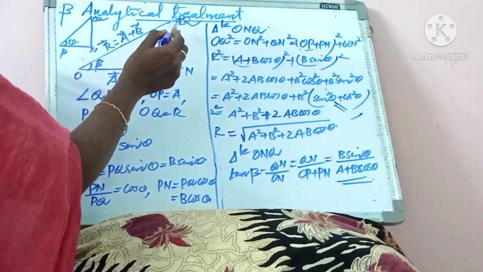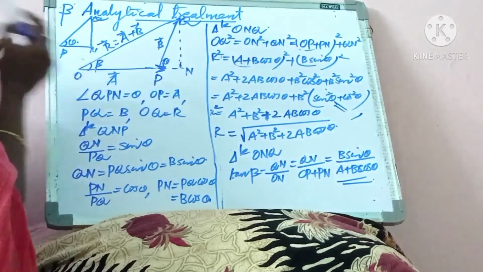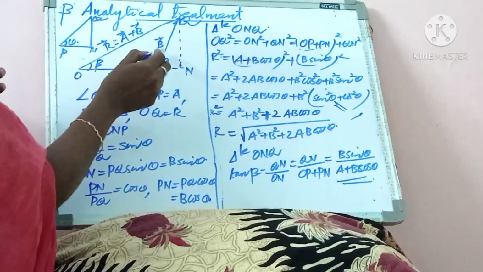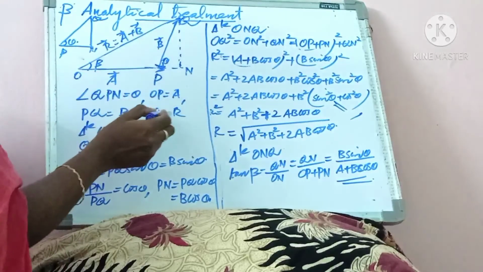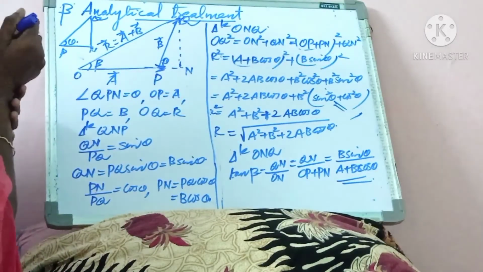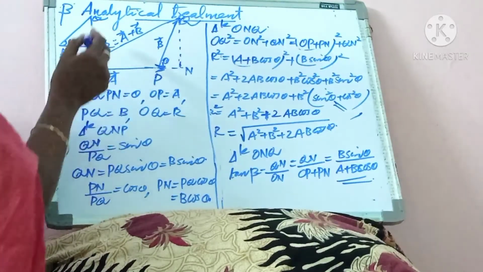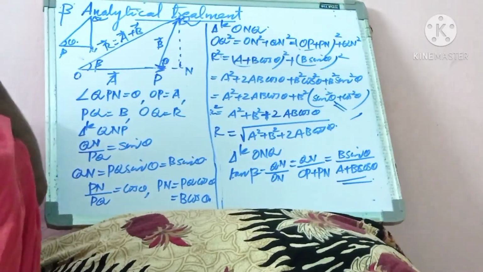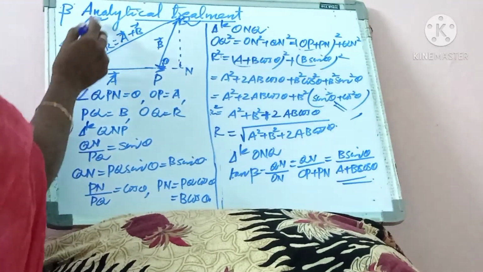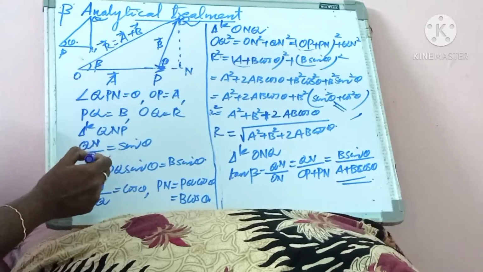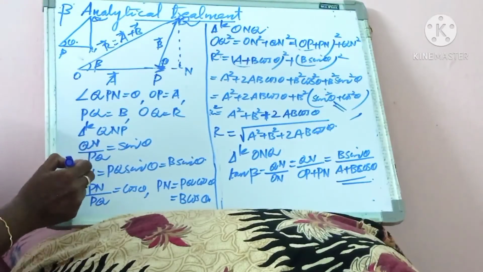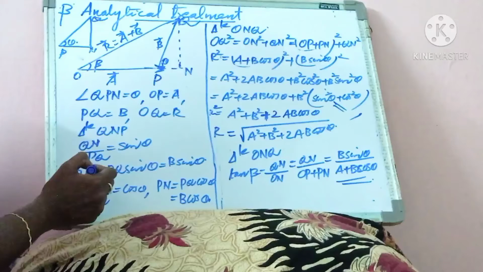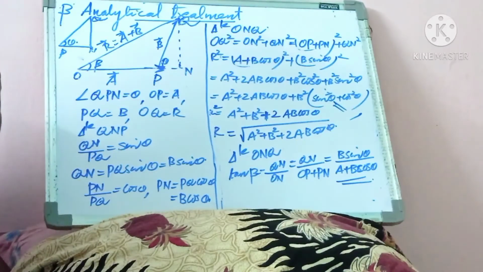The angle QPN is theta, OP is A, PQ is B, and OQ is R. Using this right angled triangle QNP, sin theta is opposite side by hypotenuse, so QN by PQ. QN equals PQ sin theta, and PQ is B, so QN can be written as B sin theta.